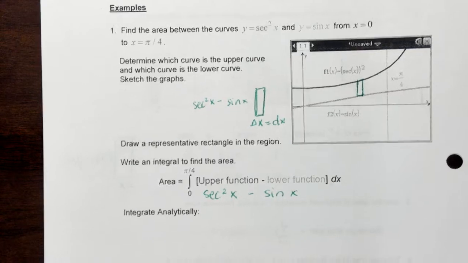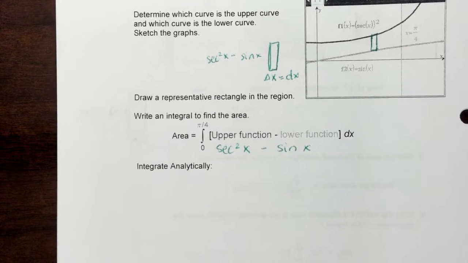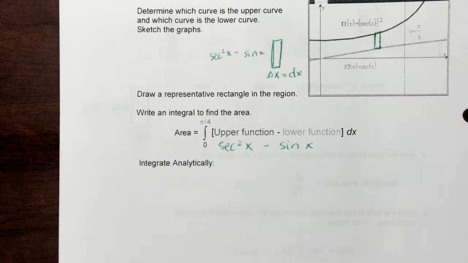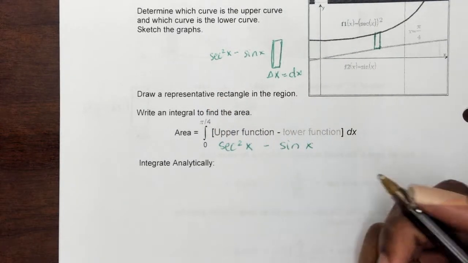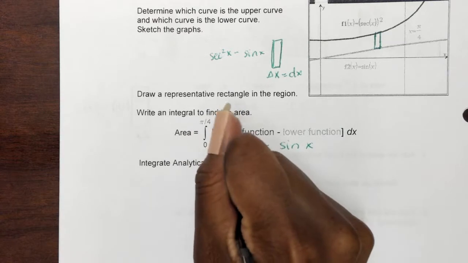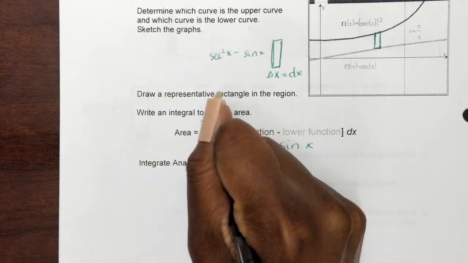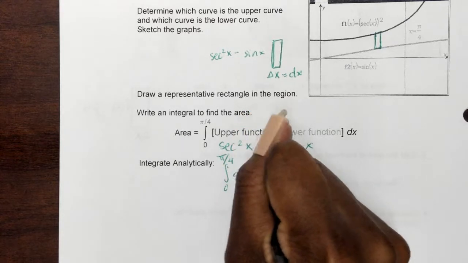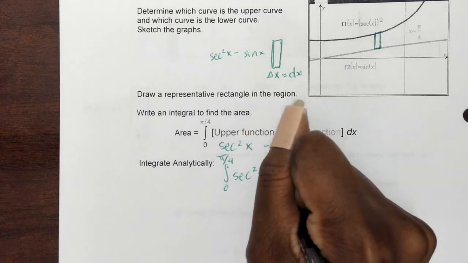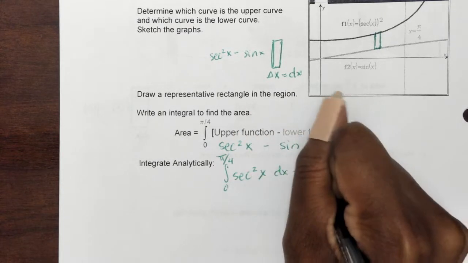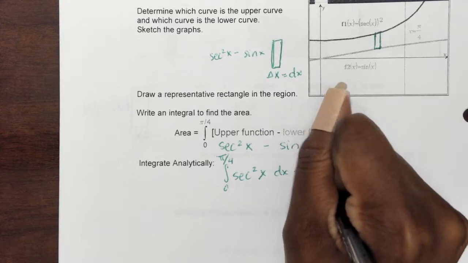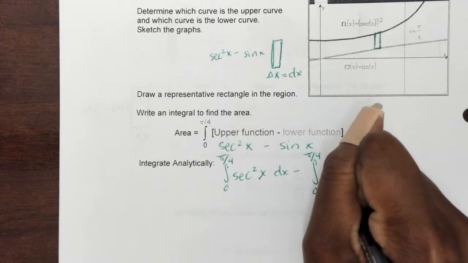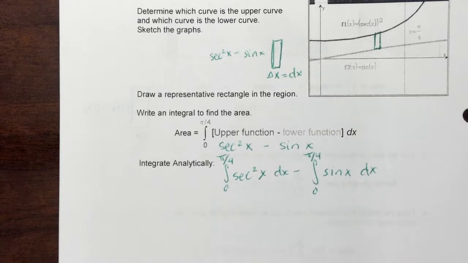So if we want to integrate this, we can split these since they're separated by subtraction. And we'll have the integral from 0 to pi over 4 of secant squared x dx minus the integral from 0 to pi over 4 of sine x dx.